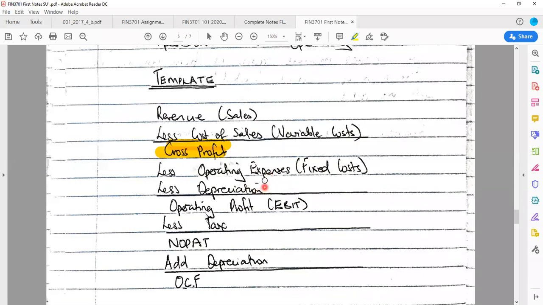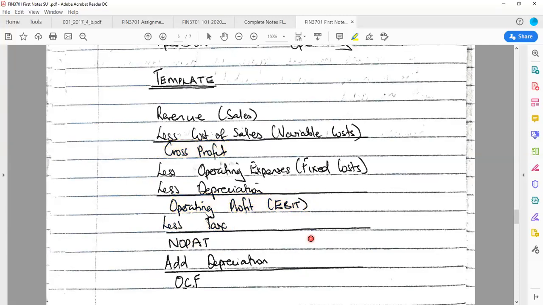If they say that, you don't have to subtract depreciation again if it's included in the operating expenses. So it's gross profit less operating expenses less depreciation. Then you get your operating profit, which is your EBIT. Then you subtract tax, and then you get NOPAT, your net operating profit after tax.